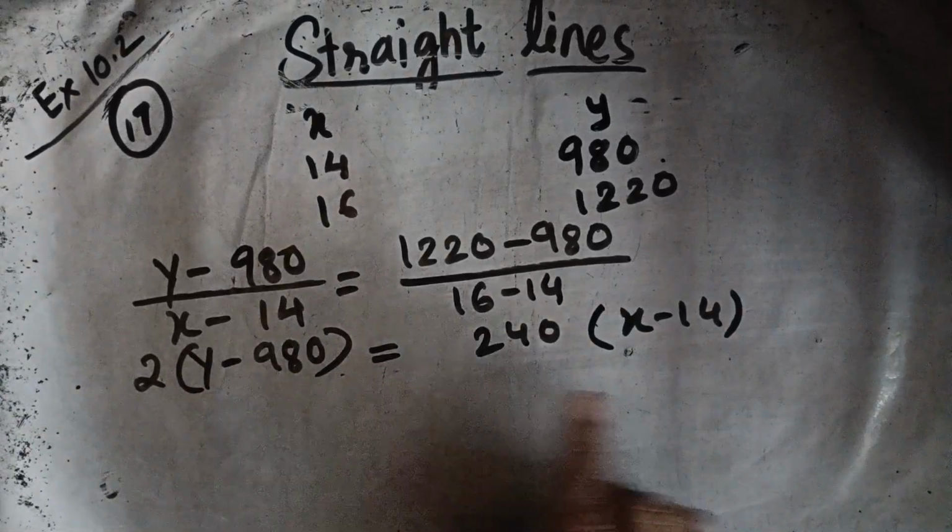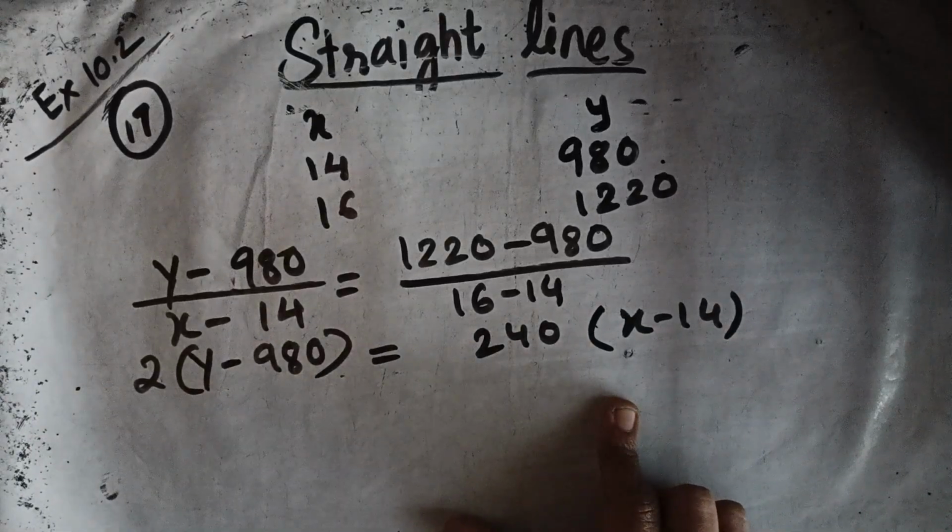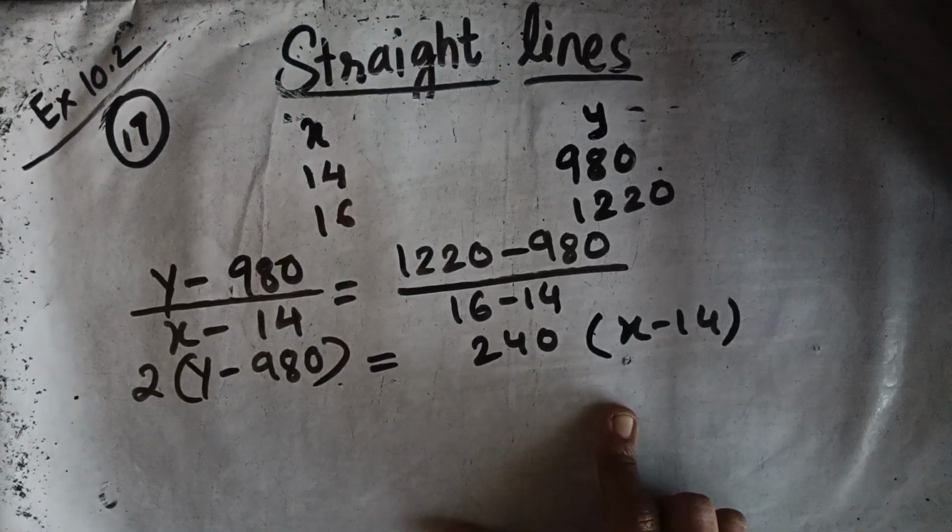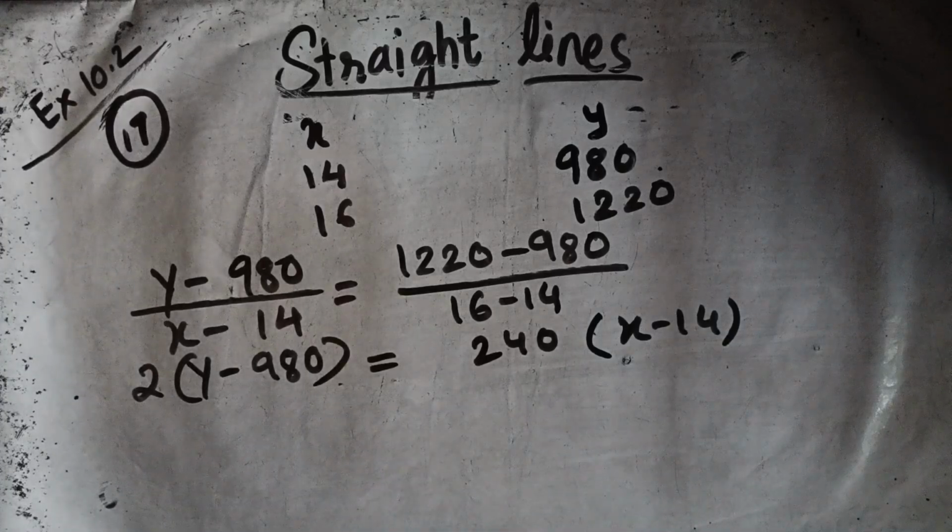So this is the equation we have, and we have to find how many liters could he sell weekly at rupees 17 per liter.